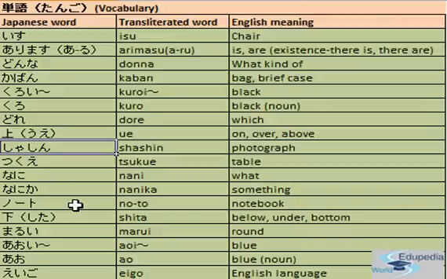Shashin, photograph. Tsukue, table. Nani, what.